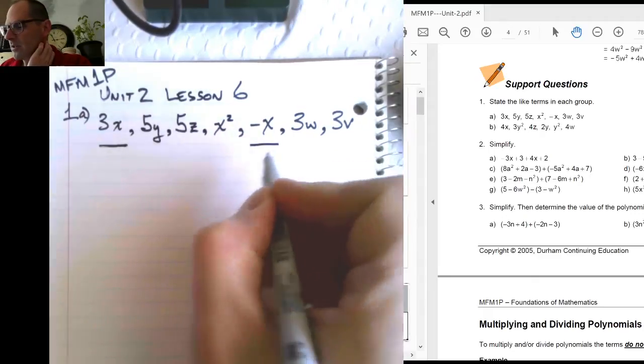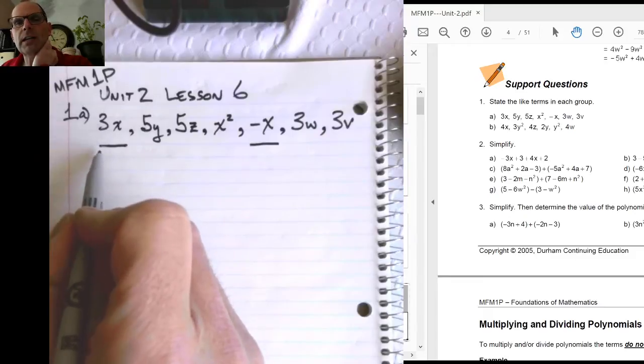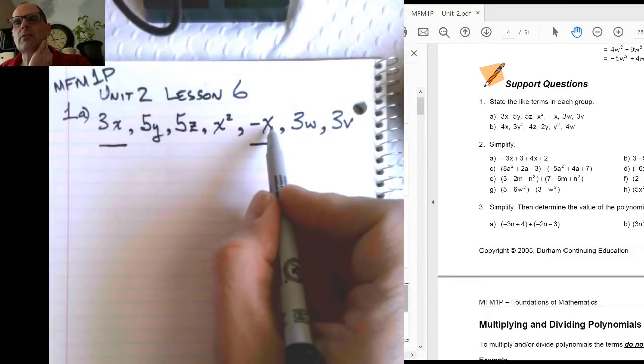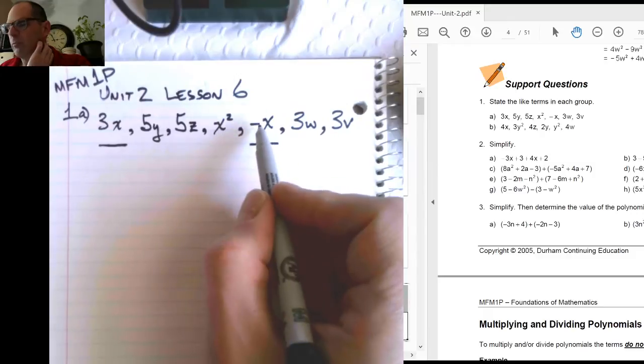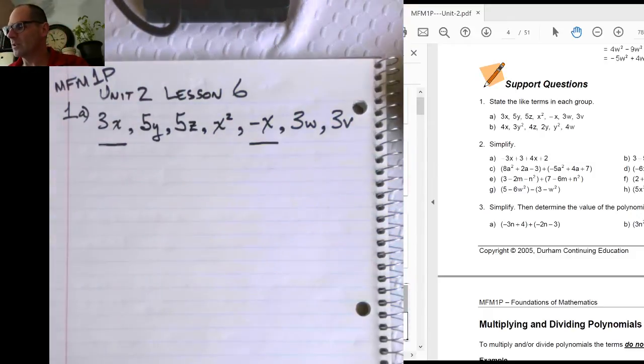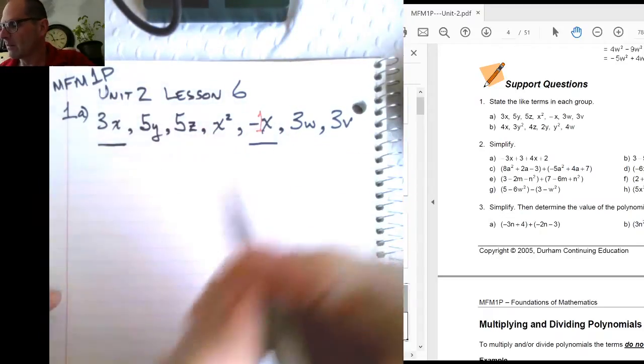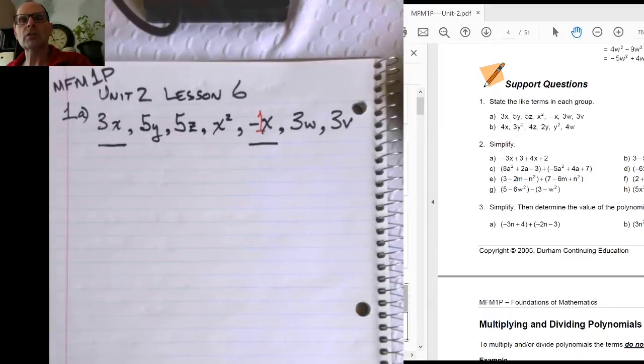These are like terms here. So this is an x term, even though it has a 3 coefficient in front of it. And this is also an x term. It has a -1. Again, whenever we see a negative sign, we can assume that there's a 1 buried in there in math. We just don't write it.